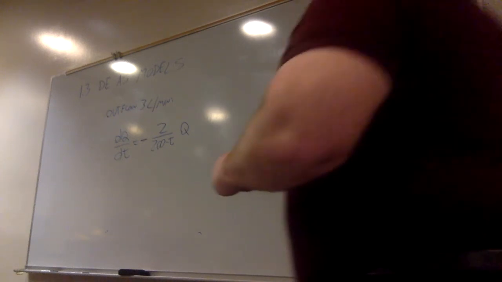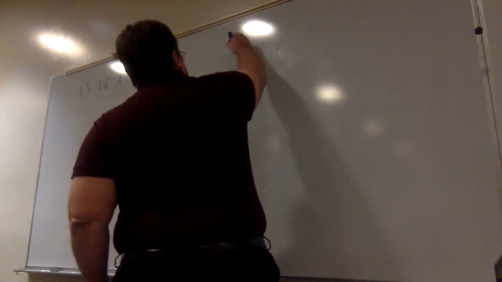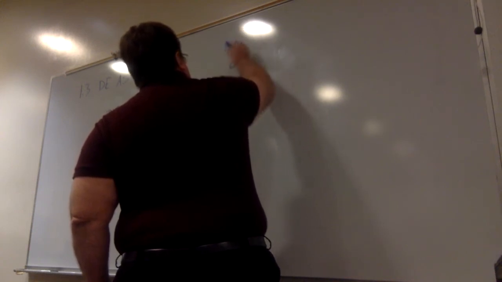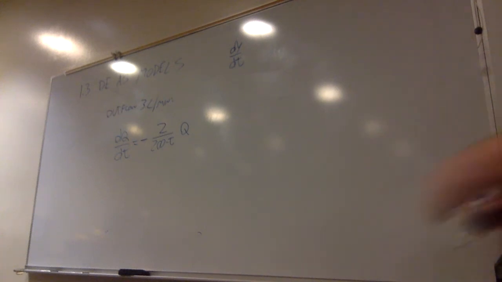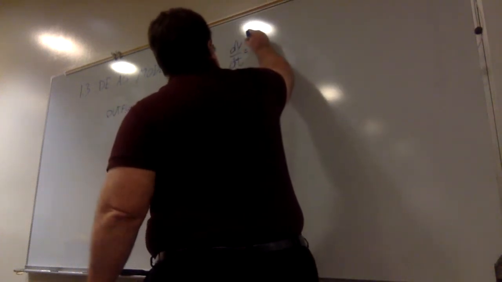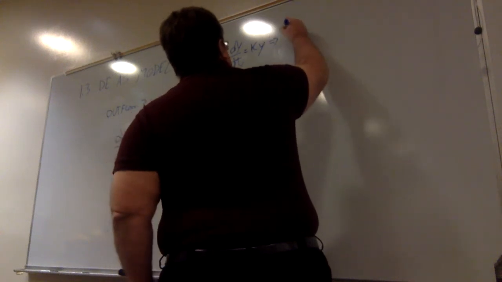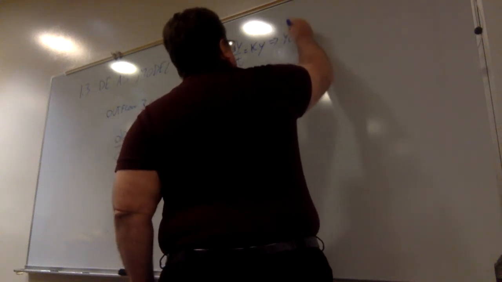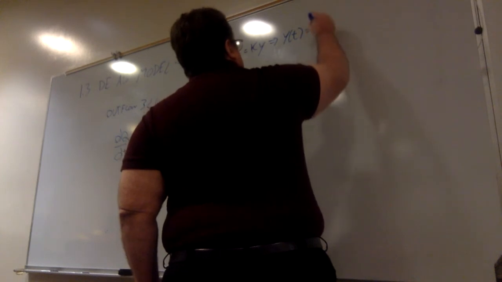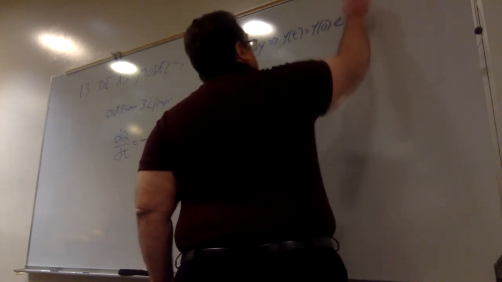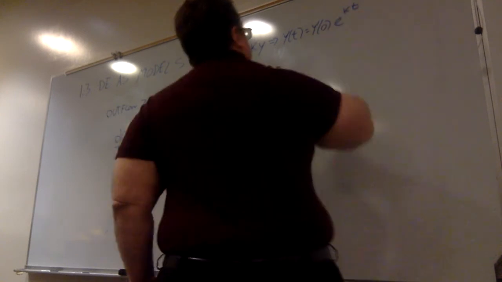Now, there's 2 solution formulas that are good to know, that just come up often enough. One's a special case of the other. What I just used to solve the equation in the simplest case is that if dy/dt is equal to some constant times y, then the solution is the initial value, whatever that might be, e to the kt.